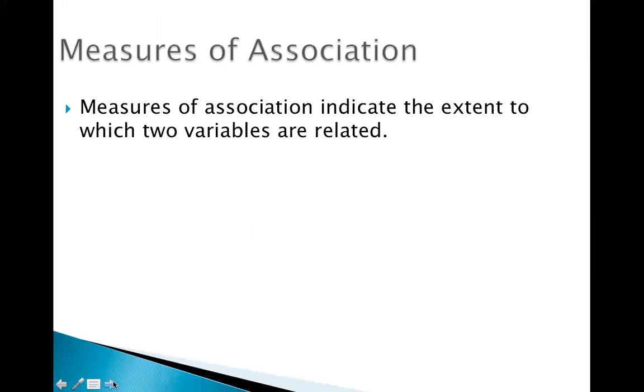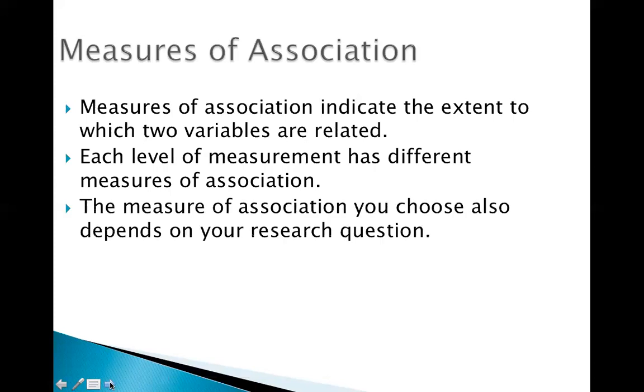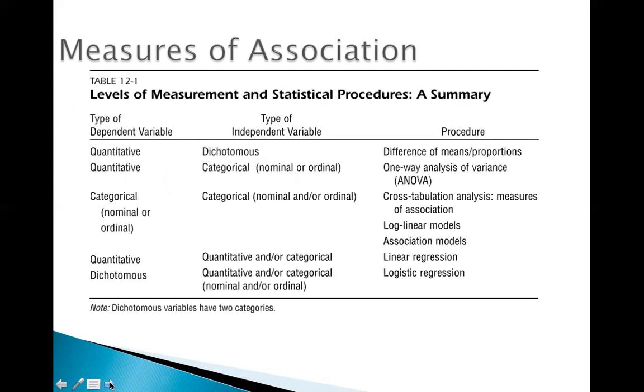Okay, so again, we're continuing to talk about different measures of association that indicate how our variables are related. And of course, it's important to know our levels of measurement, like I just spoke about. And it's also going to relate to your particular research question.